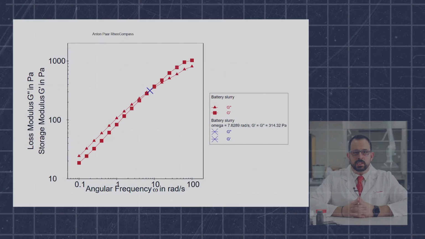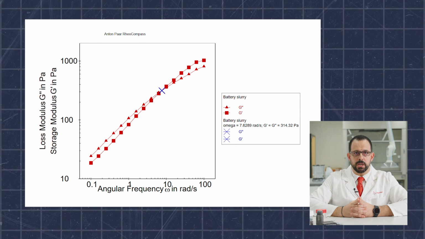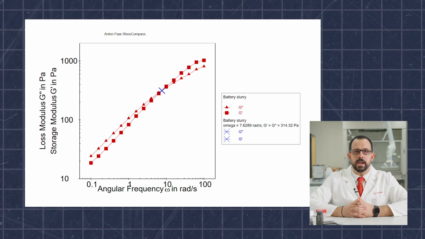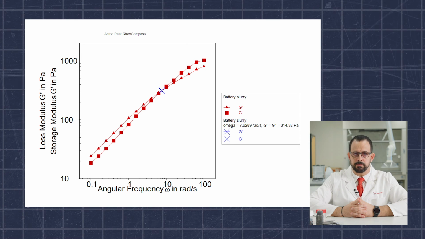High frequencies enable the evaluation of a sample's short-term behavior, while low frequencies simulate the behavior of the sample over a long time at rest. If the value of G' remains higher than that of G'', the slurry is stable. However, once G'' becomes larger than G', that would be considered the crossover point below which the slurry sediments.